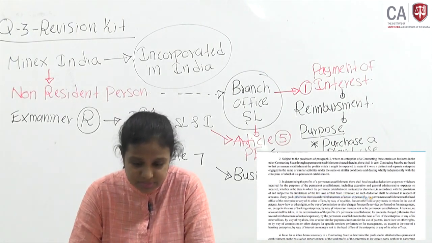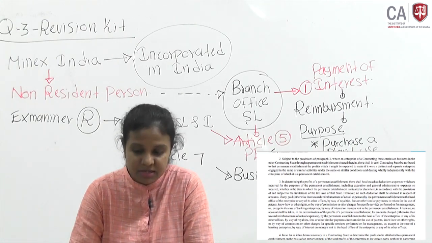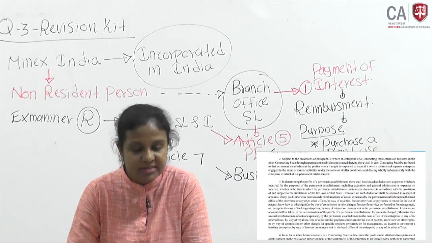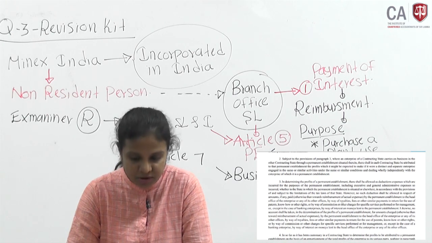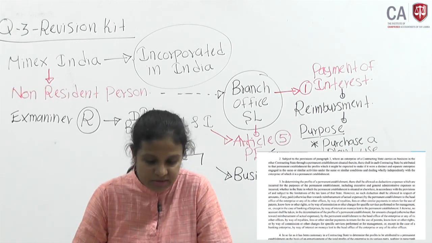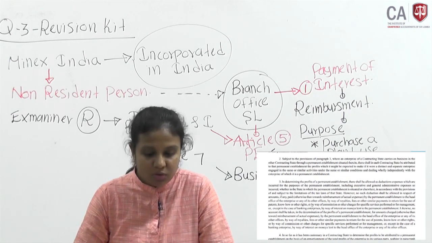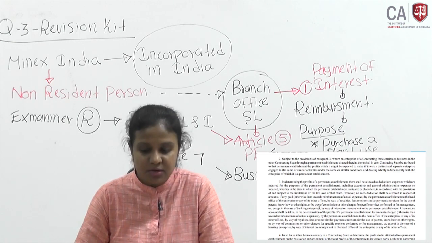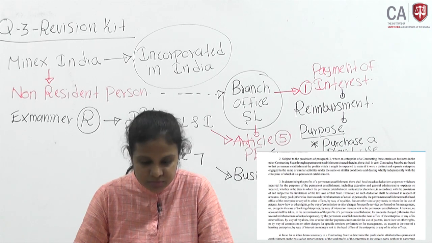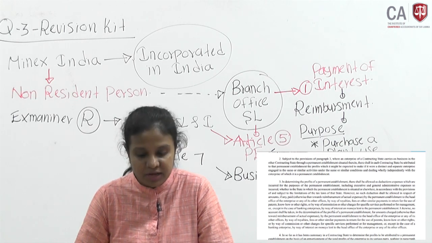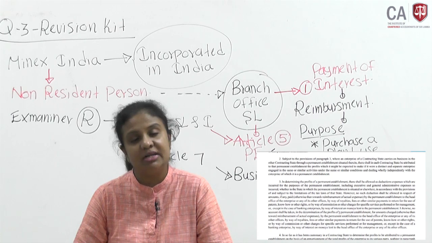Otherwise than towards reimbursement of actual expenses by the permanent establishment to the head office of the enterprise or any of its other offices, by way of royalty, fees or other similar payments in return for the use of patents, know-how or other rights, that means royalty, or by way of commission or other charges for specific services performed or for management, or, except in the case of a banking enterprise, by way of interest on monies lent to the permanent establishment.